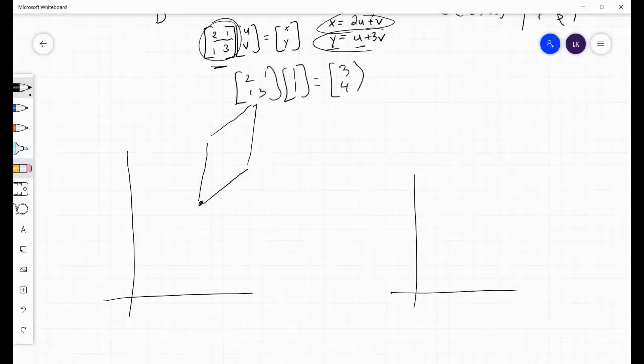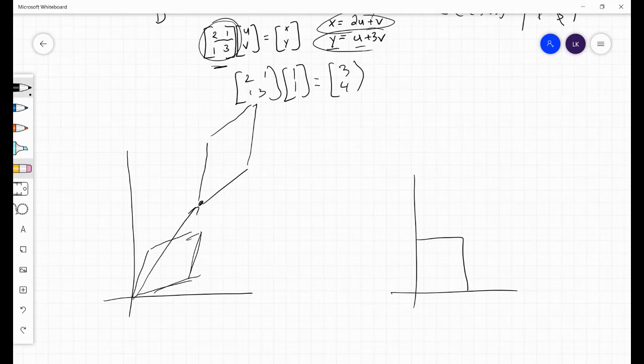Yes, you just have to translate. Imagine we have that parallelogram at the origin. That would be a linear transformation, and then you do a translation to the new point. But that's for next time.